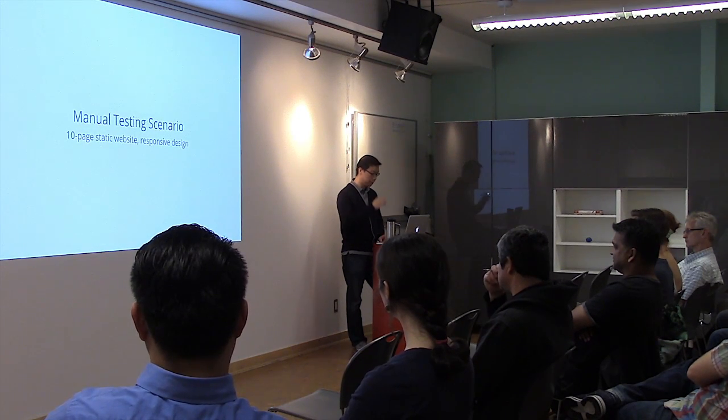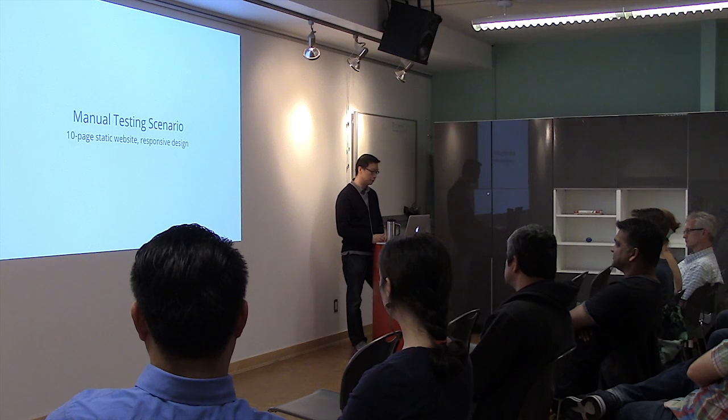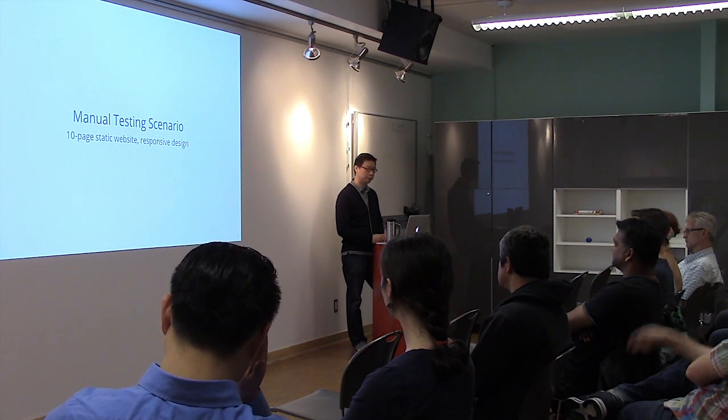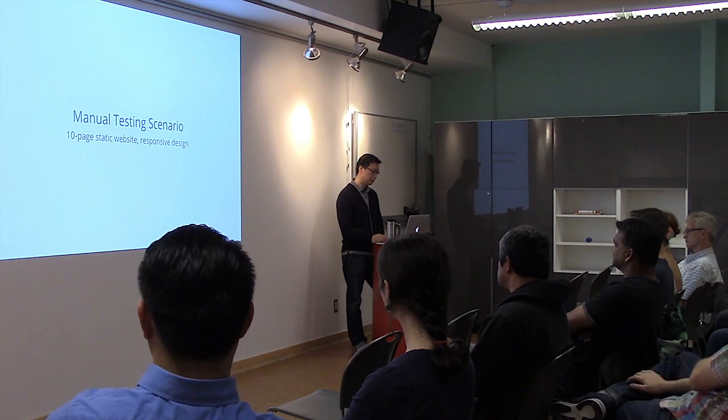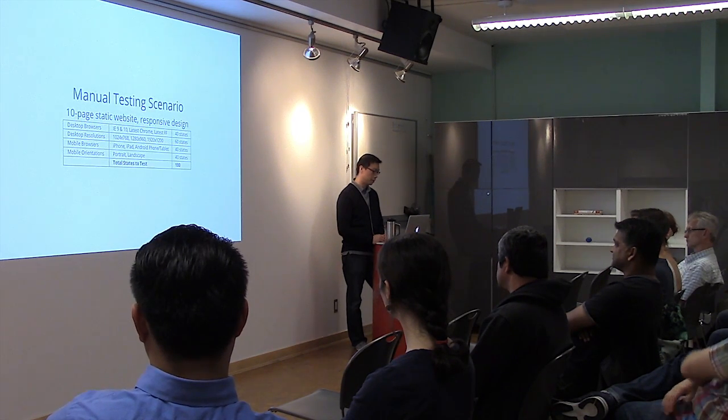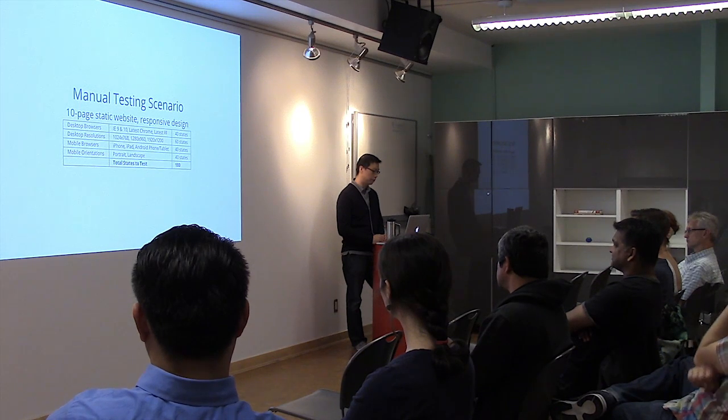I'm going to go through a simple manual testing scenario just to show how manual testing has become quite complex, especially in the past 5 years. Imagine you're testing a very simple website. It's only 10 pages. It's static and it's responsive. But there are several browsers that you want to support, and several mobile devices you want to support as well, across different screen sizes.